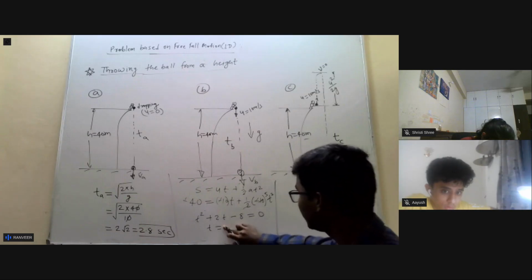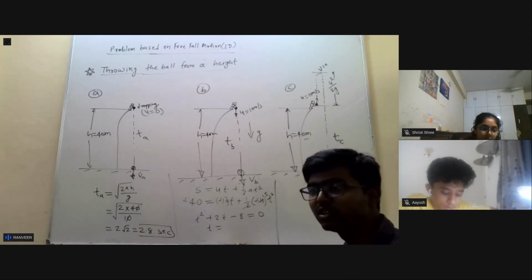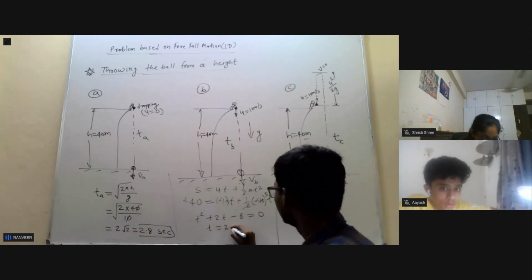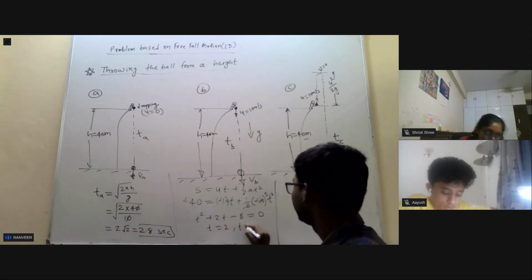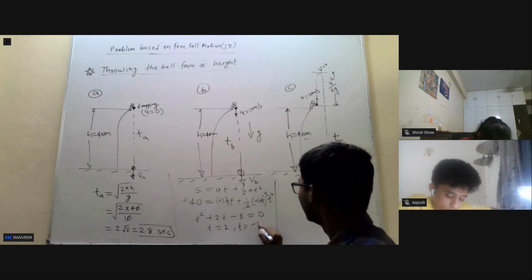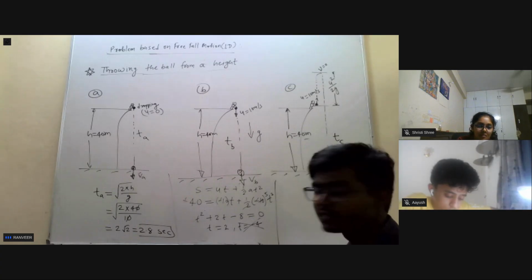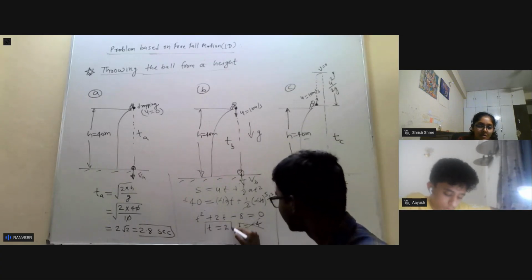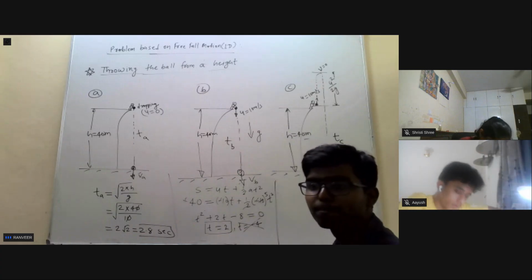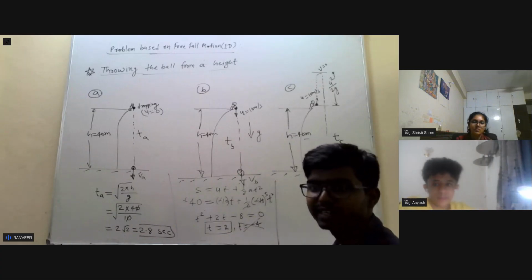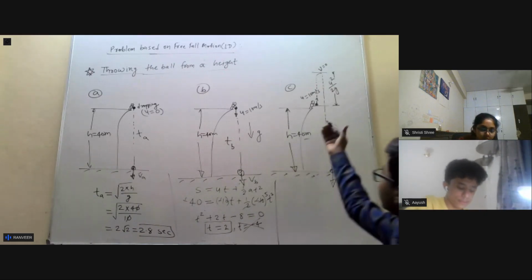There will be one more value, na? Quadratic means 2 values. t equal to minus 4. So time can't be negative. So time came 2 seconds. Correct?